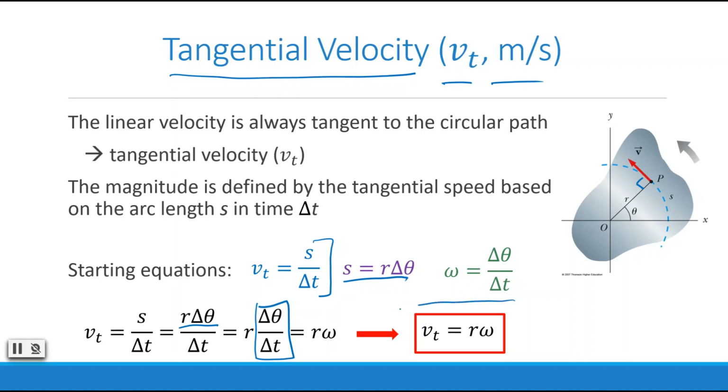So we can define, therefore, that our linear speed, which is tangent to the circle, v_t, is equal to r times omega. So the faster you're rotating, the faster the tangential speed, but also the further you are away from the center, the larger the tangential speed. And if you're at the center, at a point that is at the origin, you have no linear speed because you are not having a linear displacement.